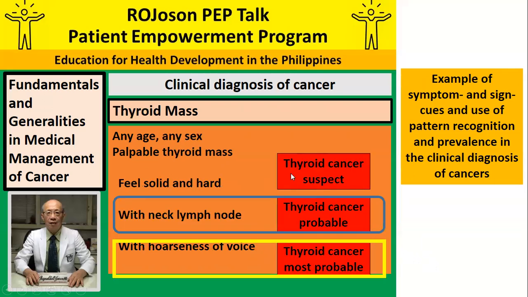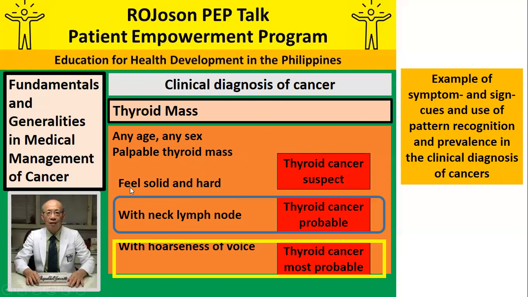And a patient with a thyroid mass, any age, any sex, palpable thyroid nodule or mass. If the mass feels solid and hard with no neck lymph node yet, with no hoarseness of voice, then he or she could be a thyroid cancer suspect.